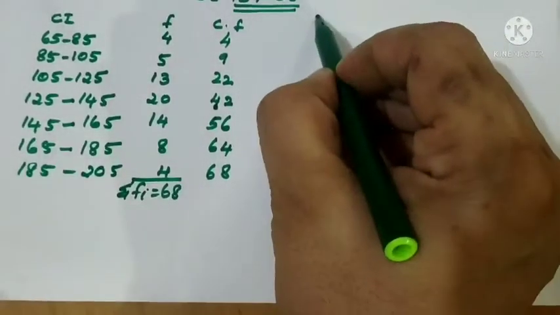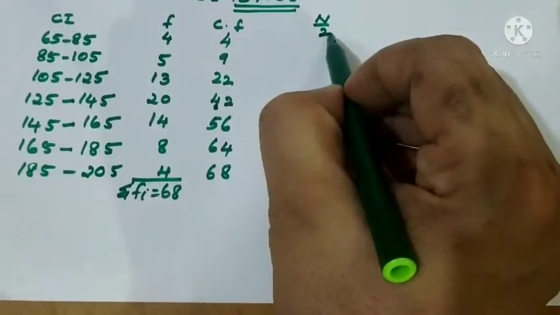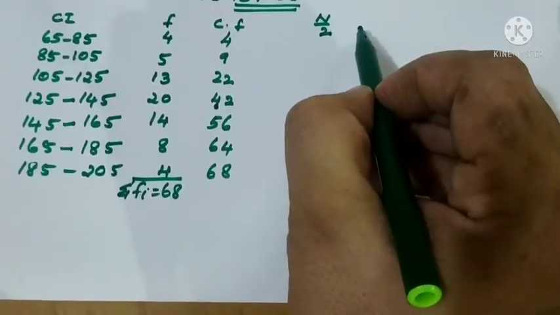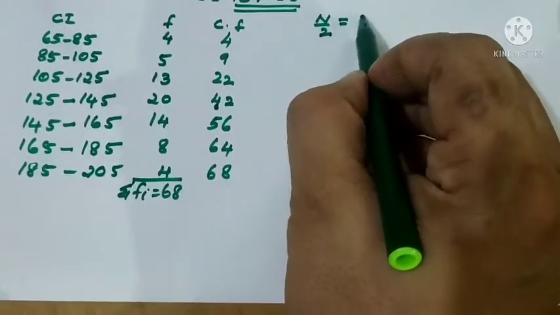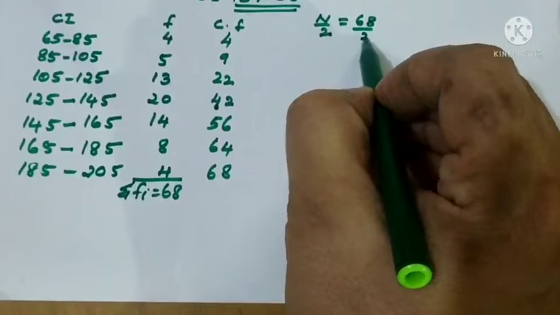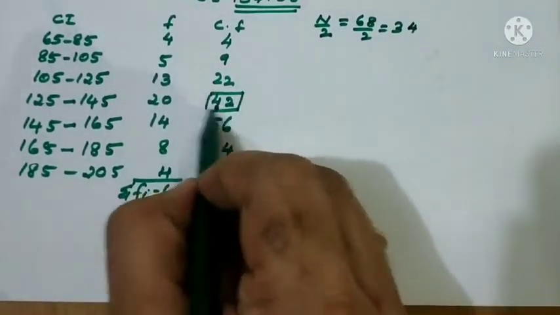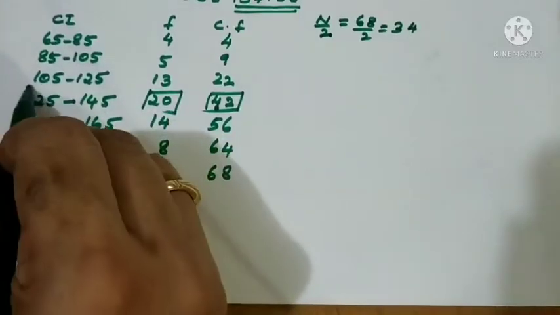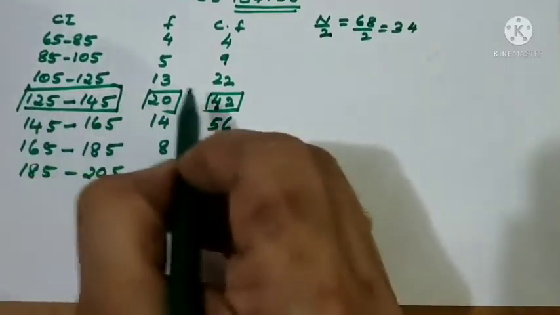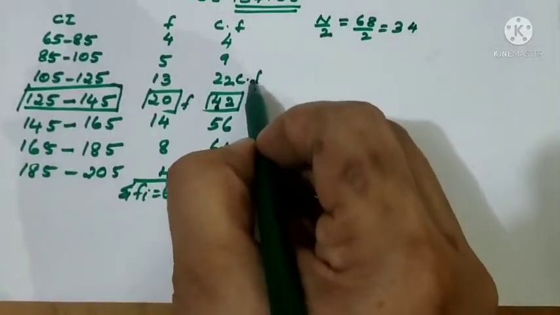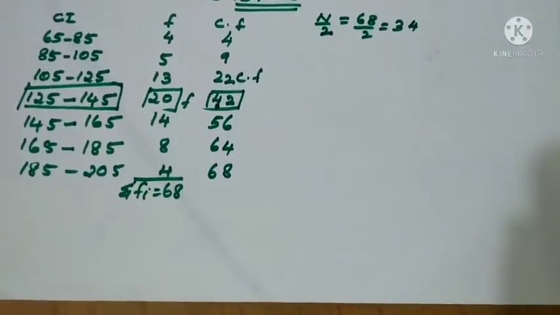What is the next step? N by 2 we should calculate. So what is N by 2? 68 by 2, that is equal to 34. So above 34 it is coming 42 in this one. So I'll write here, this is the f and CF. So I cannot write here, the place is less only.